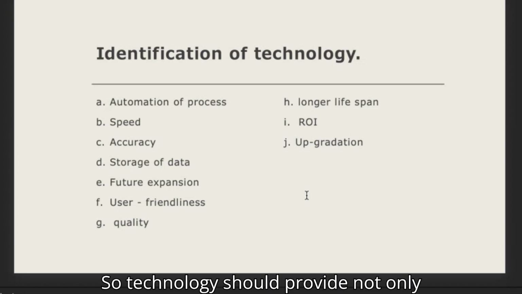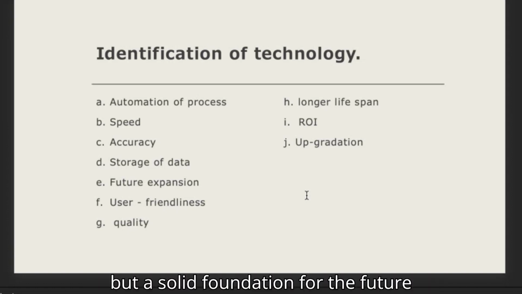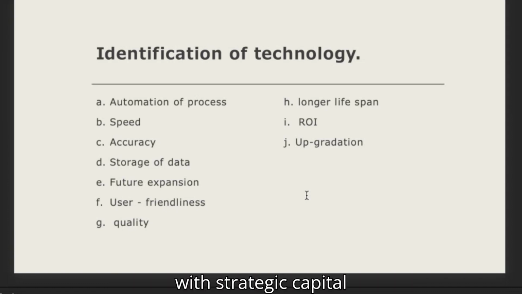So technology should provide not only automation of the current work processes, but a solid foundation for the future business growth of the organization with strategic capital allocation and transparent investment. Here the metrics must be very clear and there must be accountability.